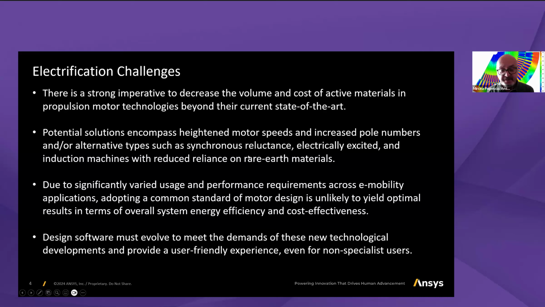And here you can see different considerations, like potential solutions for this type of machines can be pushed further, running at higher speed, increasing the number of poles, or alternative solutions like synchronous reluctance, electrically excited and induction machines with reduced rare earths.